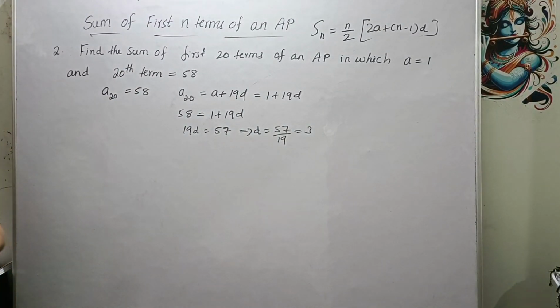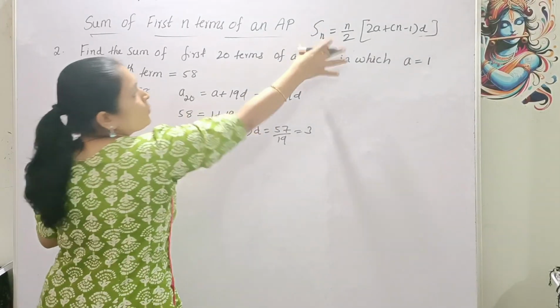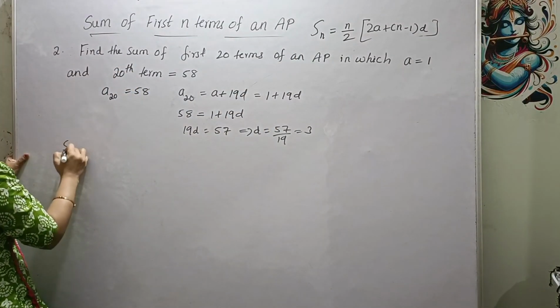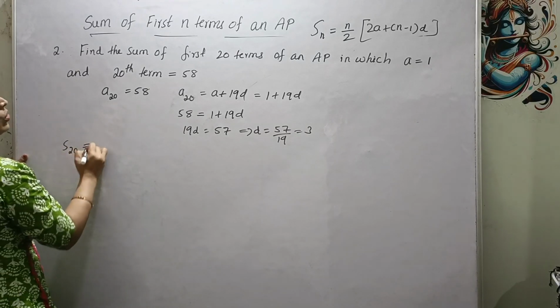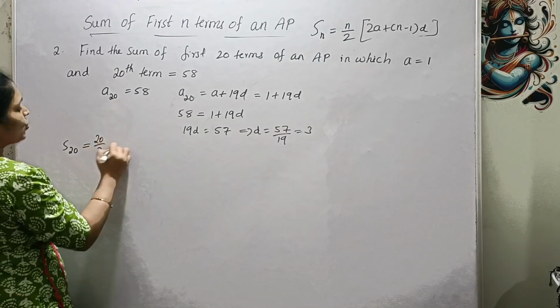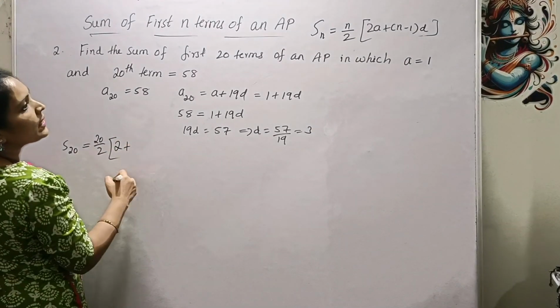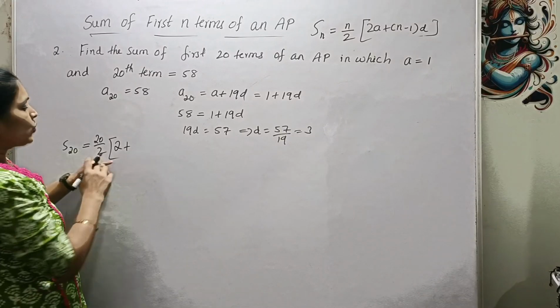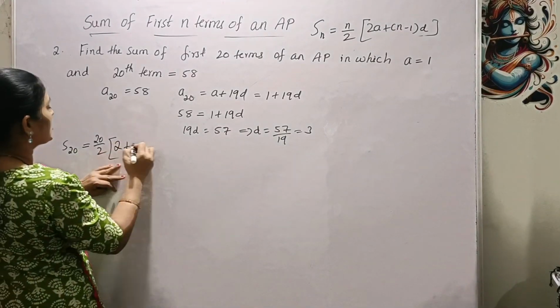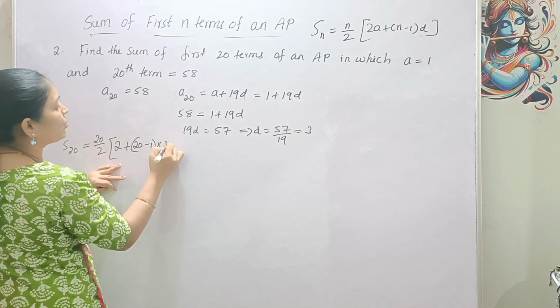Now we have d. We have got the value of d. Now substitute d and a in this equation. So Sn, that is S20 is equal to n by 2. What is n? 20. 20 divided by 2 into 2 into a, that is 2 into 1, 2, plus n minus 1, that is 20 minus 1 into d.